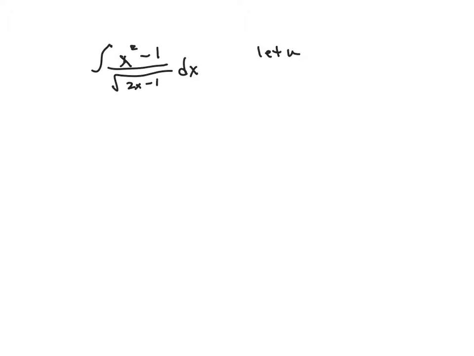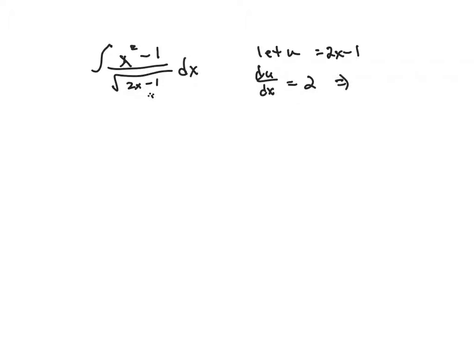It's kind of like a guessing game. But I'm going to let u equal 2x minus 1 because I think I can get the bottom and the top pretty easily from that. Then du dx, the derivative of that, is just 2.